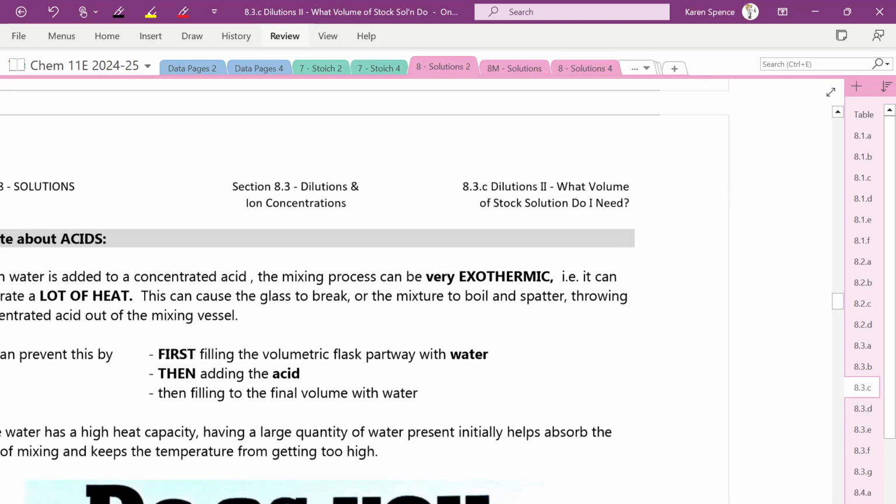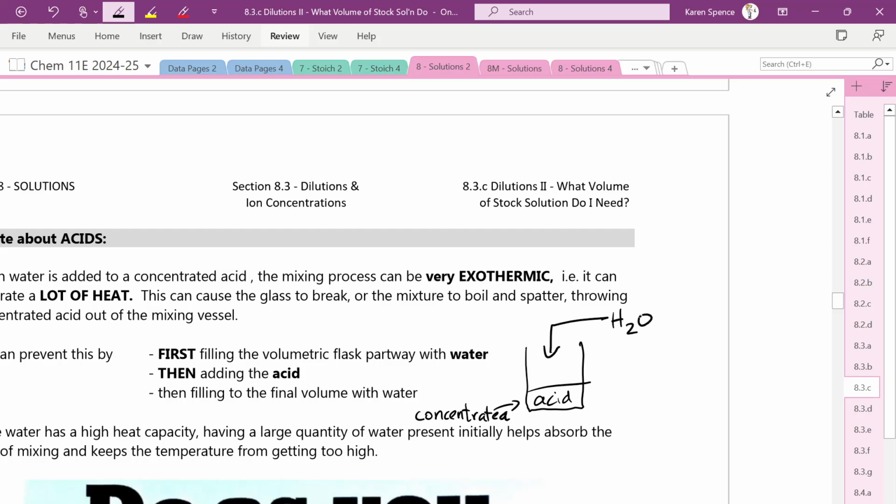If you have an acid and it is concentrated, and you put water in it, that mixing process is very exothermic.